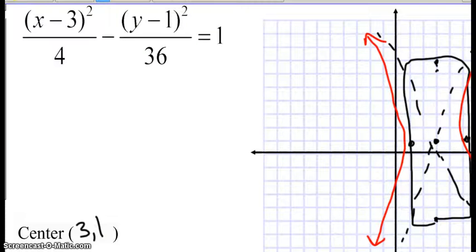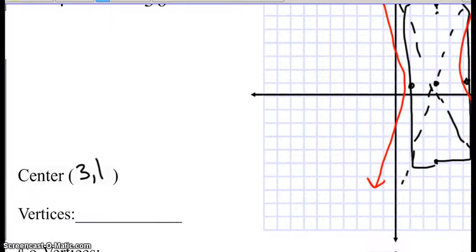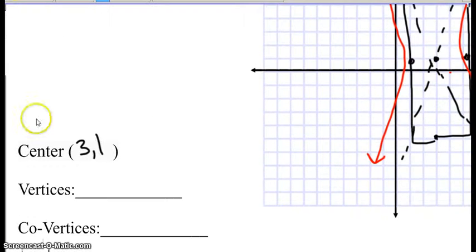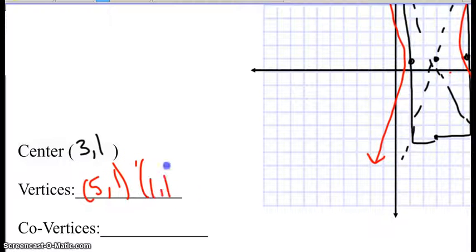Okay? My vertices then, guys, this is why you graph it. My vertices are where it touches, so this is 1, 2, 3, 4, 5. How many did we go over? I don't remember. We went over 2. So it's 5, 1 and 1, 1.